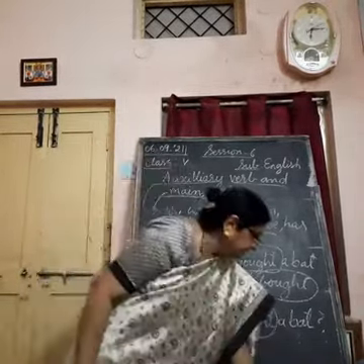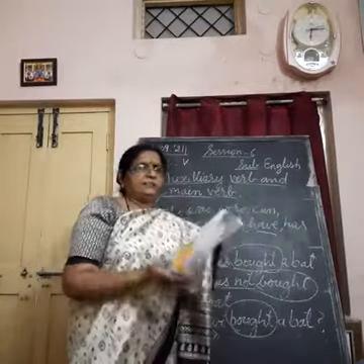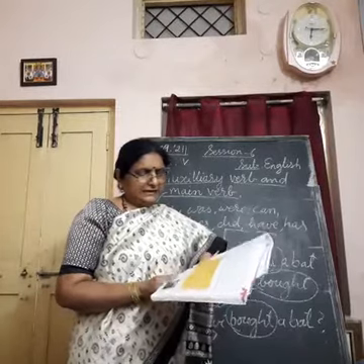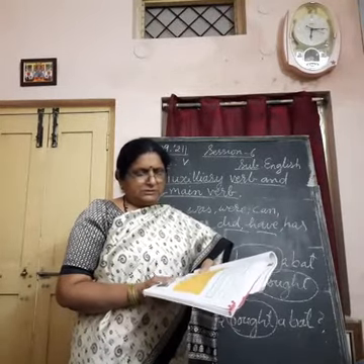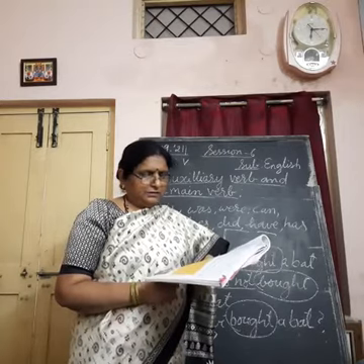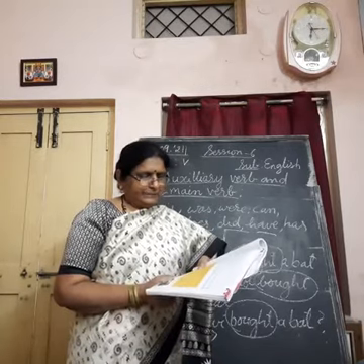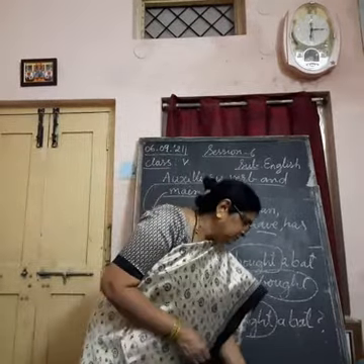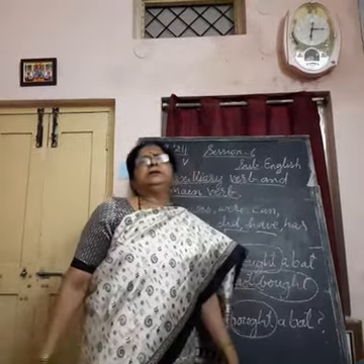You have got one exercise in the textbook. I am going to post it for you today. And you are going to underline the auxiliary verbs and tick the main verbs. You are underlining the auxiliary verbs and ticking the main verb.